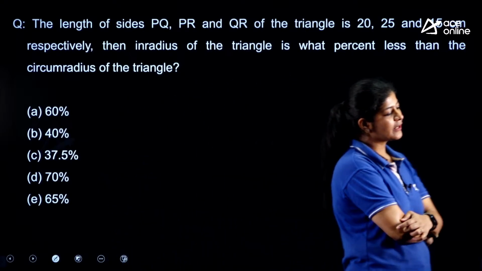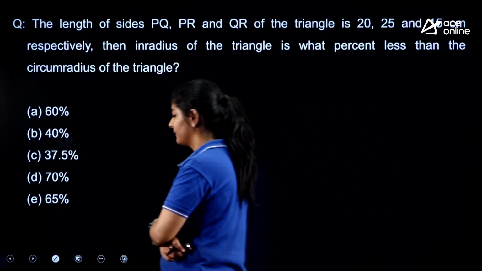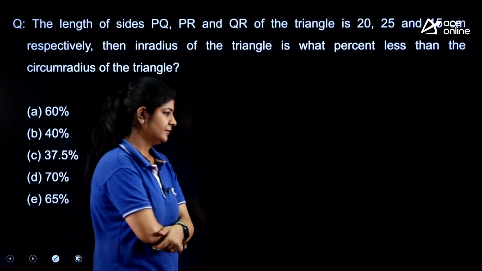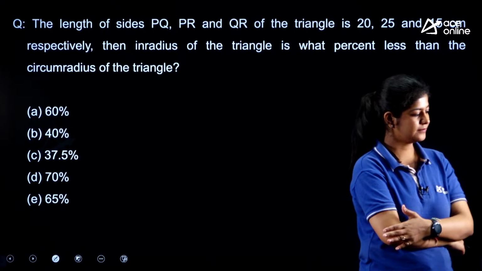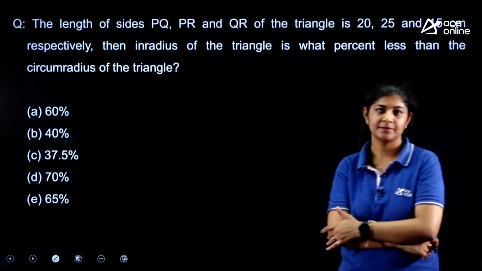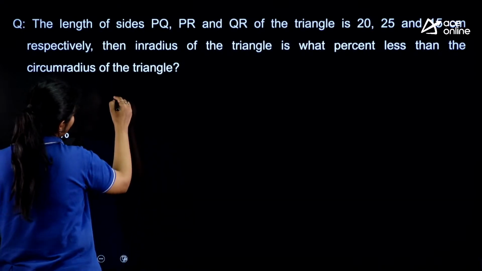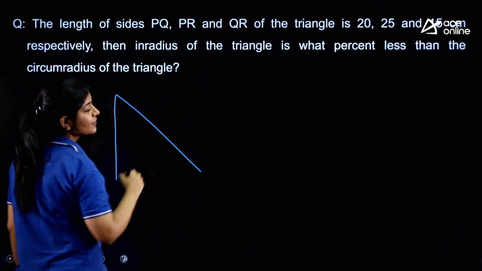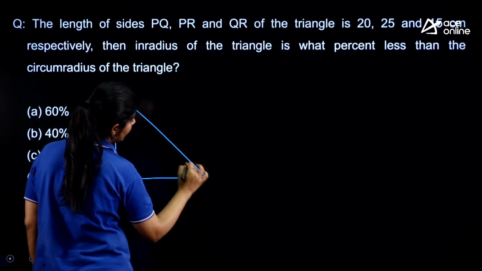So how are we going to calculate the inradius and circumradius? The question is saying that we are having a right angle triangle. Now how did I get to know? Because this is nothing but the triplet 15, 20, 25, right?